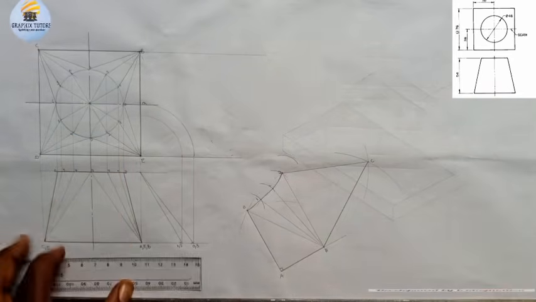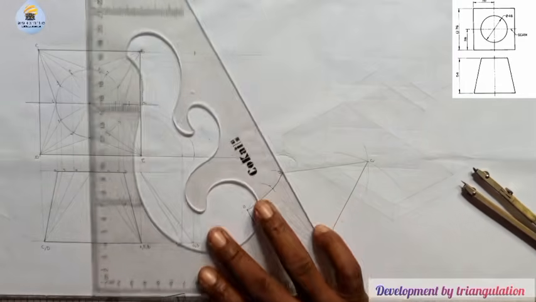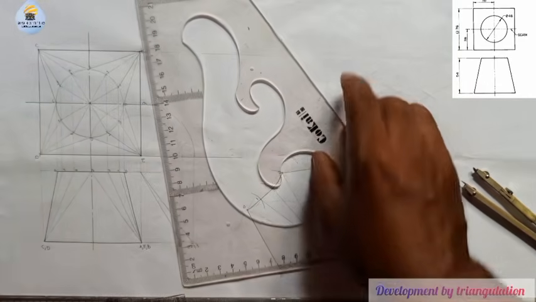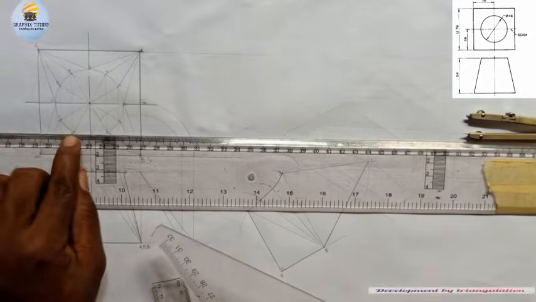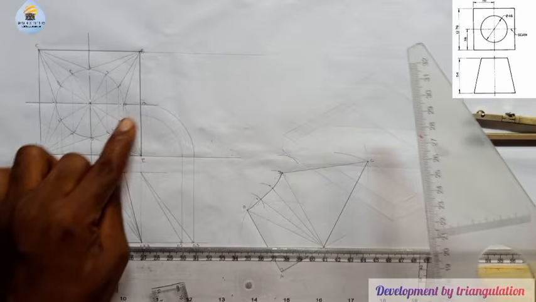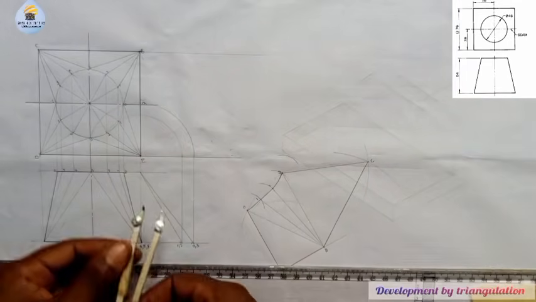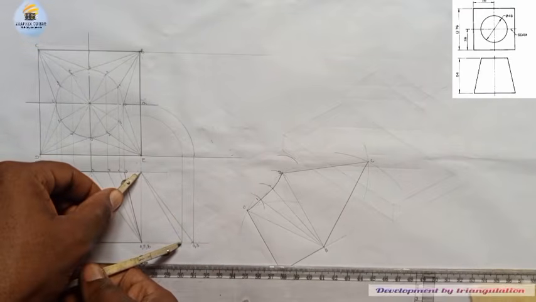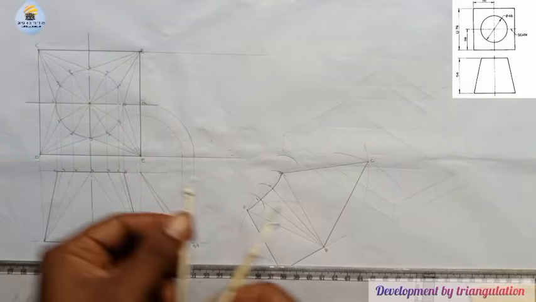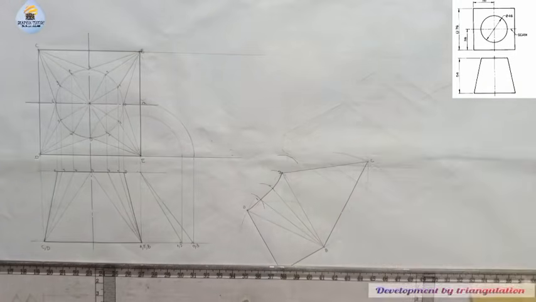If I use my set square here, what do you notice? 4 to 4, and my T-square is telling me 4 and 2. That means I need the arc of what? The line of 2. So I'll place it here between this point to 2. You can see that? And I'll come to point C and I'll strike another arc.